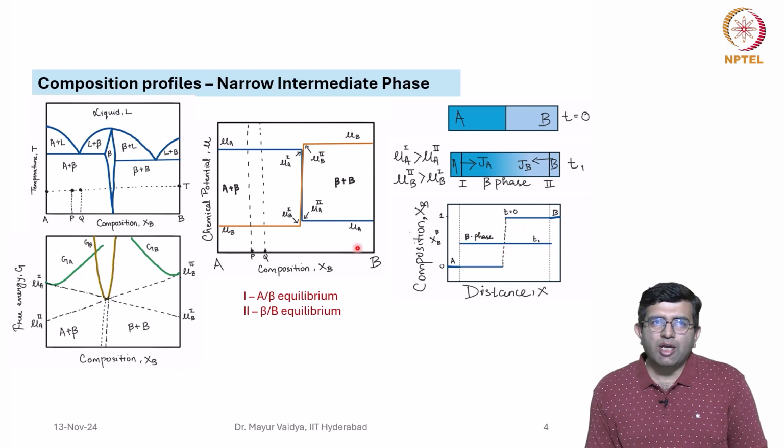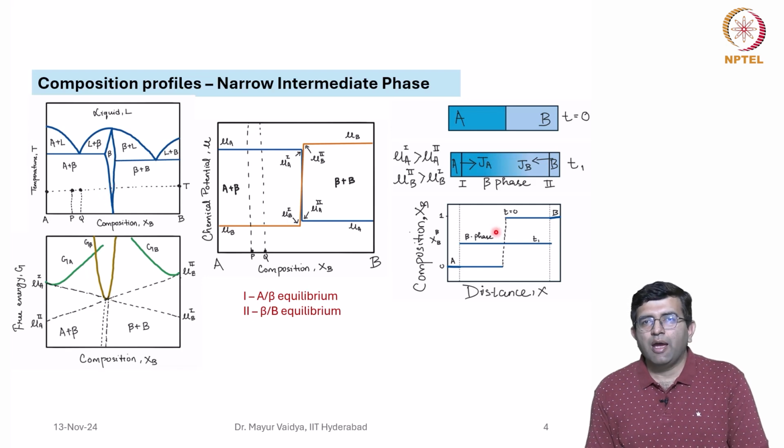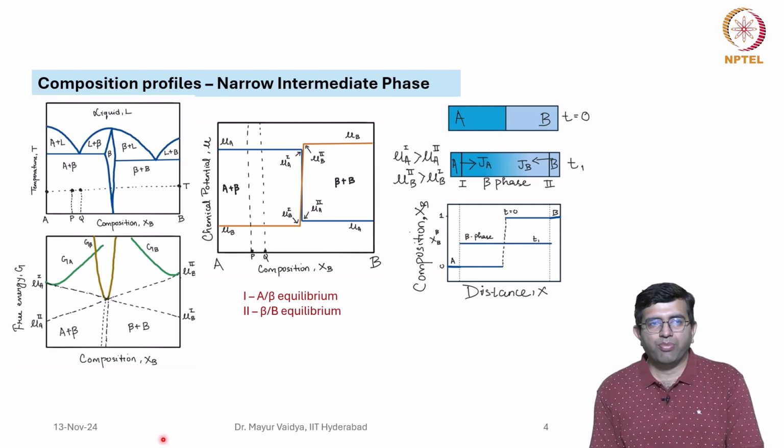One may argue that there is a slight bit of range here, but that is very small. Practically in microscopes you will see that it appears as a constant or horizontal line.